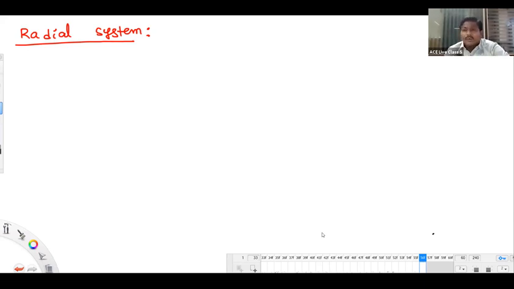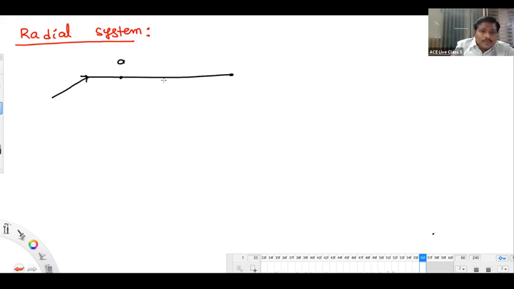But right now we are concentrating on the DC distribution system. Look here, radial. I will show one schematic diagram. Later on, we will expand it. So, it is one line simply.